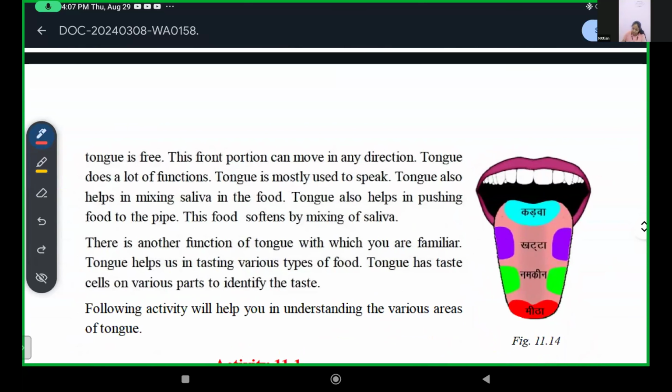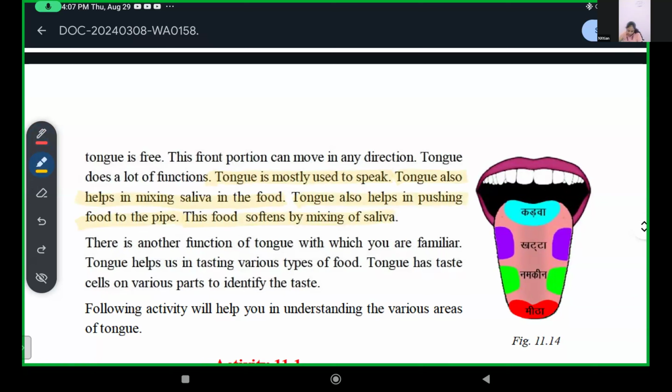It is mostly used to speak. It also helps in mixing saliva in food, and helps in pushing the food to the pipe, which softens by mixing of saliva.